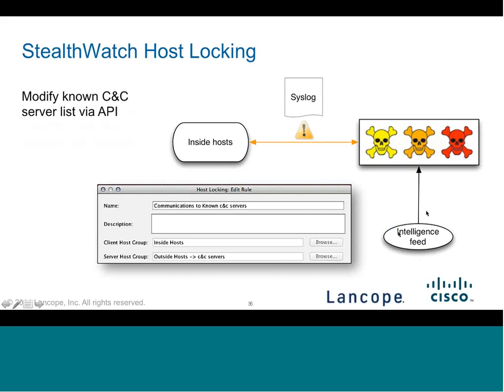And in fact, Lancope has integrated into StealthWatch now an intelligence feed, which will automatically update this list of known bad command and control hosts from some vendors who are doing this sort of research all the time. So even if you don't have a team of people that's going out and gathering this intelligence, there are ways within the tool to have this basic host locking set up.